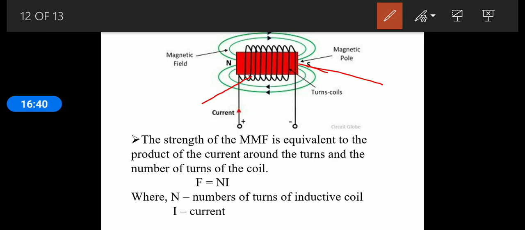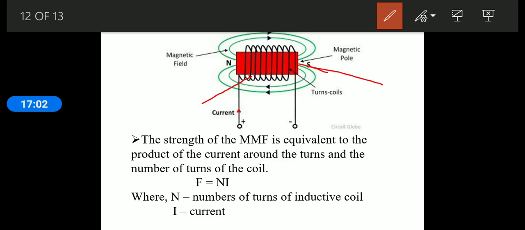The coil has a number of turns, and when current is applied or flowing through the coil, a magnetic field gets developed across it.